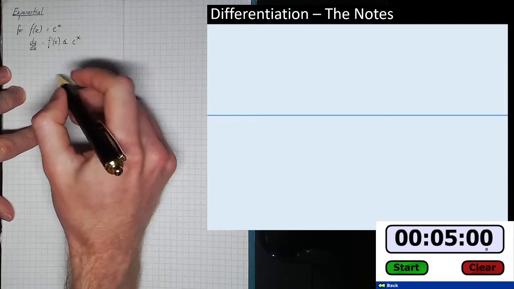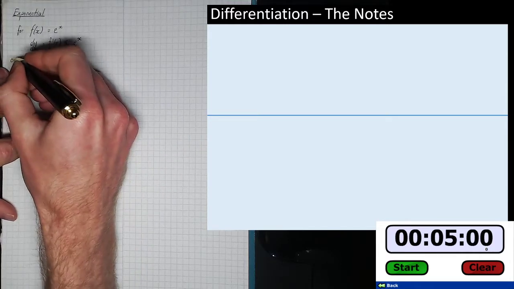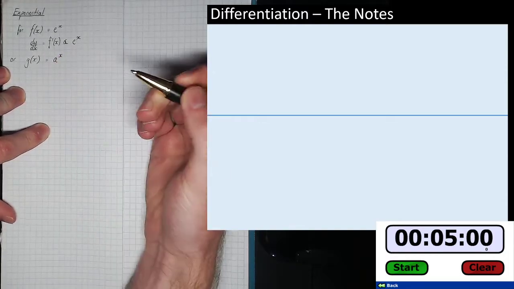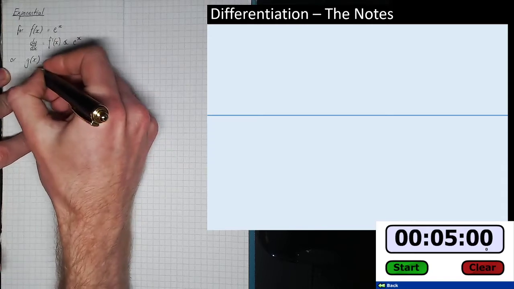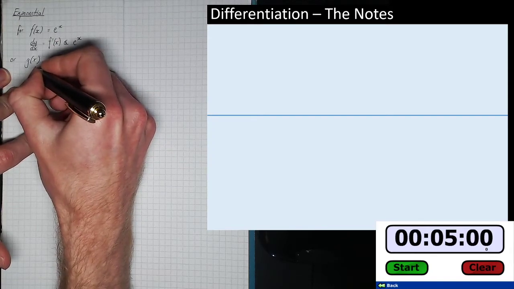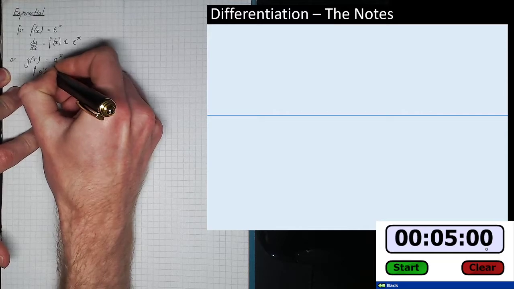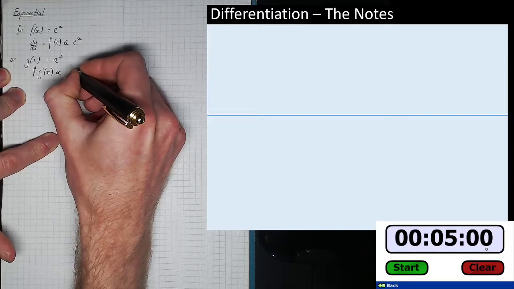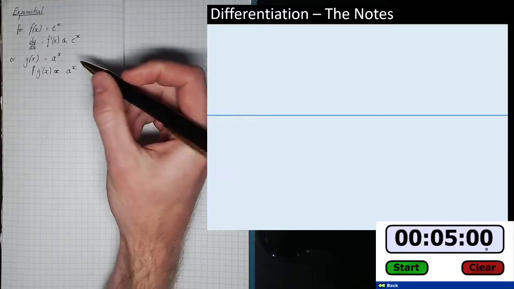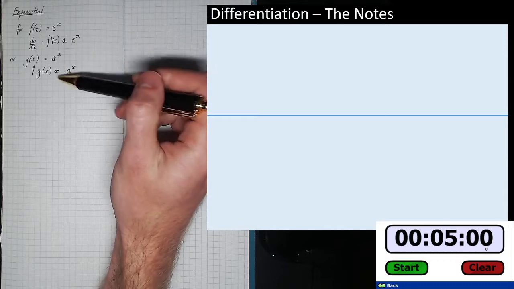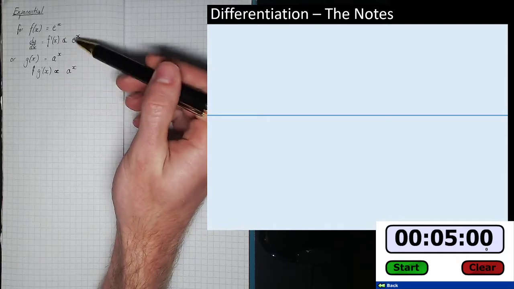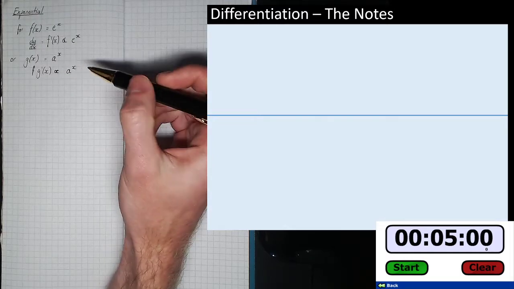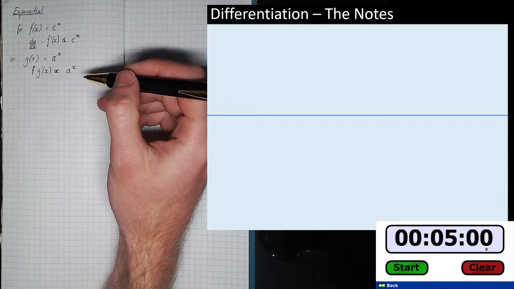We could also have that for a different function, which is a to the x, just a number to the power of x. g prime of x is proportional to a to the power of x. And one thing we'll have to think about is what that constant will be, or what will jump down the front of our exponential to make it proportional.